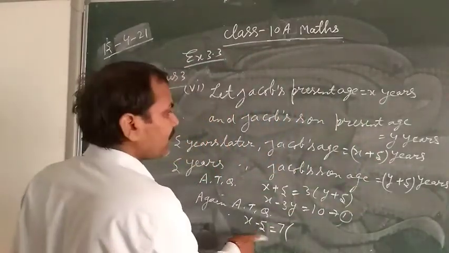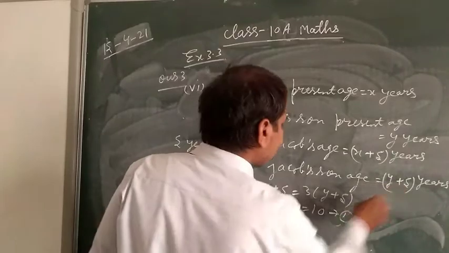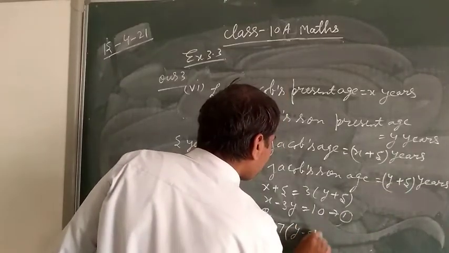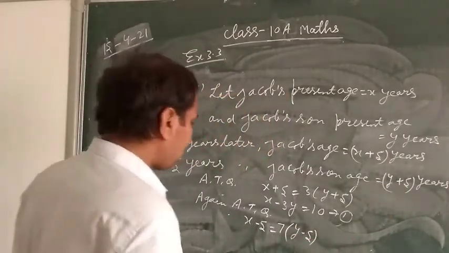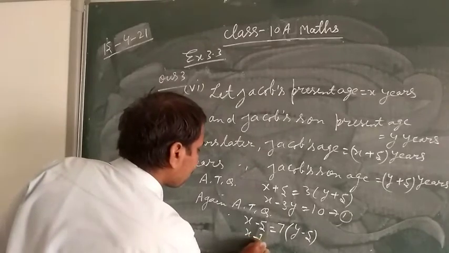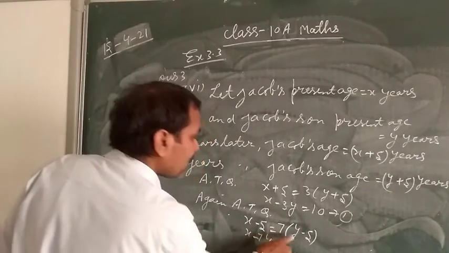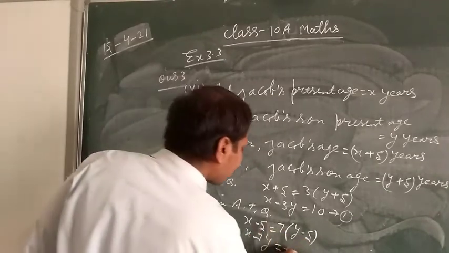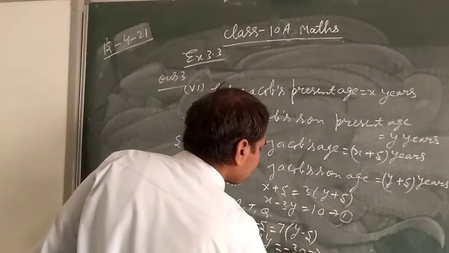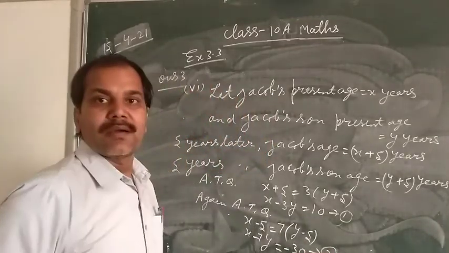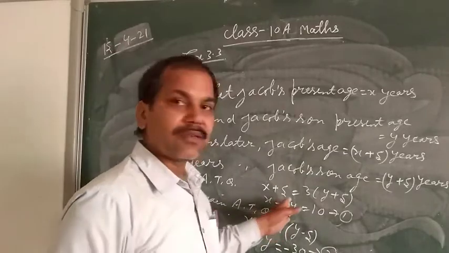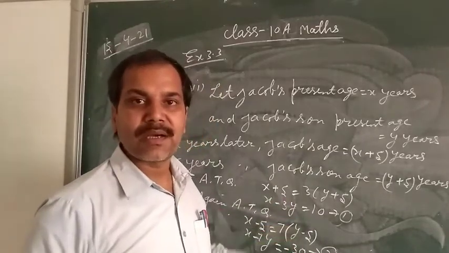So 5 years before, Jacob's son's age also will be y minus 5. Clear? Then also x minus 7y is minus 35 plus 5, so minus 30. This equation. Clear? Equation first and second you solve and then find the answer.